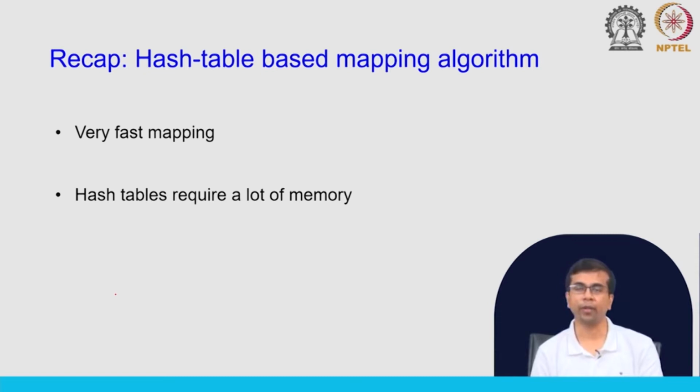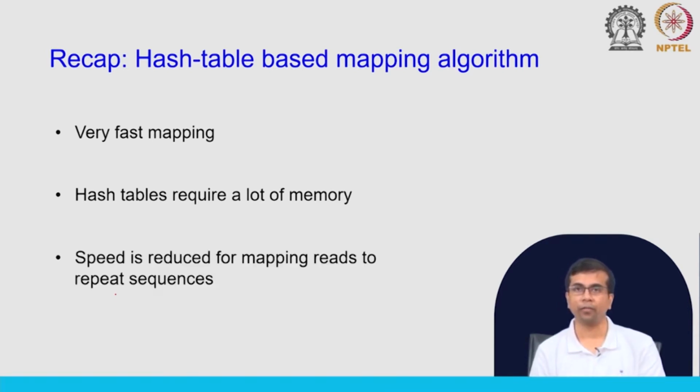So, we have talked about 12 to 15 GB of space for storing, for example, human genome hash table. And what we have also seen is that speed of mapping is reduced if we are mapping reads to repeat sequences, right. So, if you have multiple mappings across the genome, the speed is reduced because you need to extend this seed and stitching process for multiple regions, right. So, this actually takes more time.